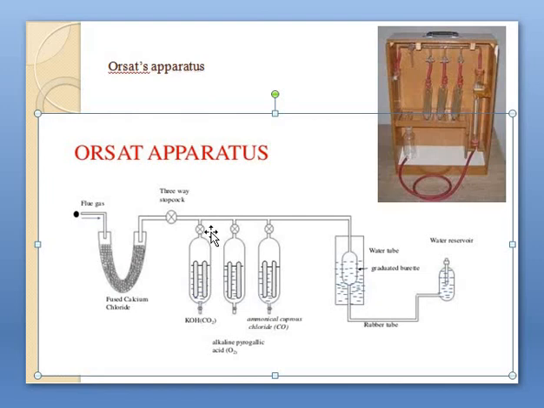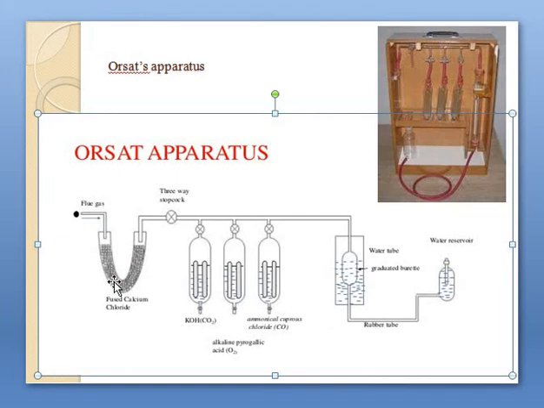You are going to have 3 chambers: one for absorption of CO2, one for oxygen and one for carbon monoxide. To absorb CO2 we take potassium hydroxide, to absorb oxygen we take pyrogallic acid, and in the last one for CO we have ammoniacal cuprous chloride.